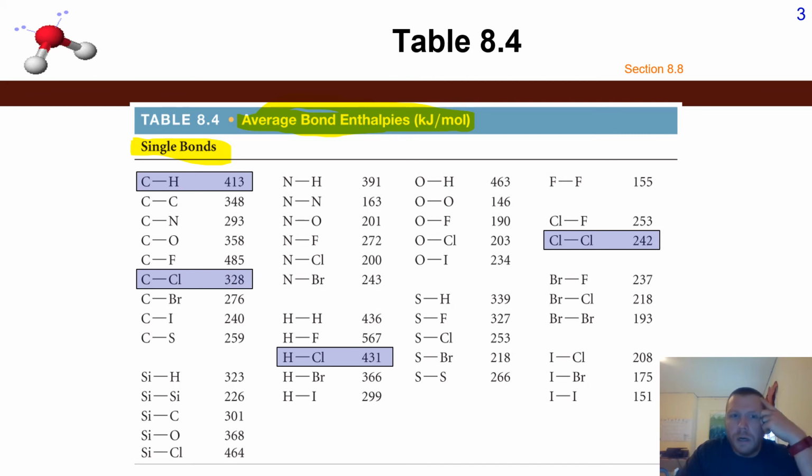We know that we have a CH bond involved, a CCl bond, an HCl bond, and a ClCl bond that is going to be involved in all of this.